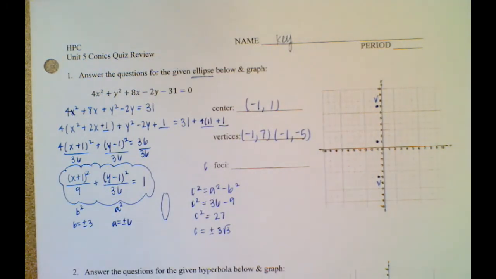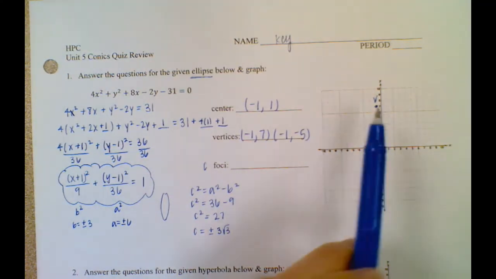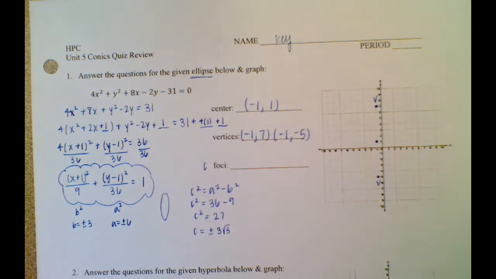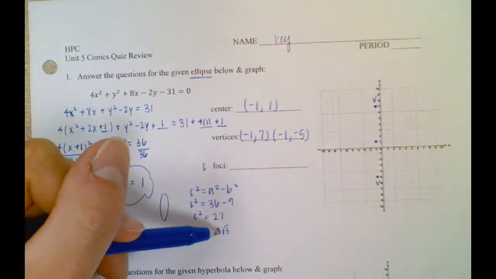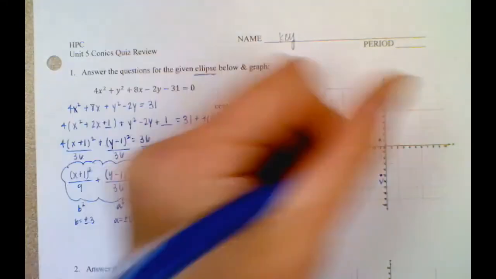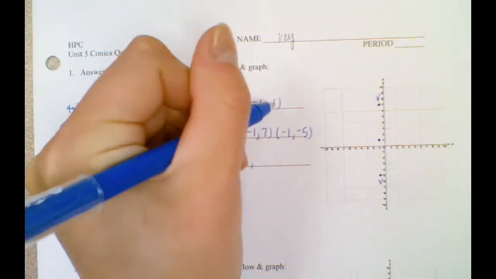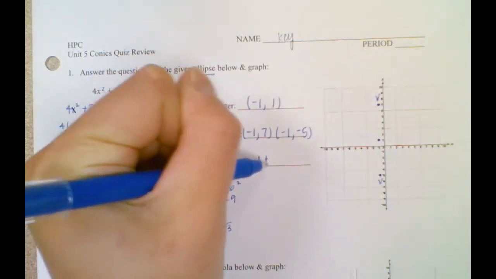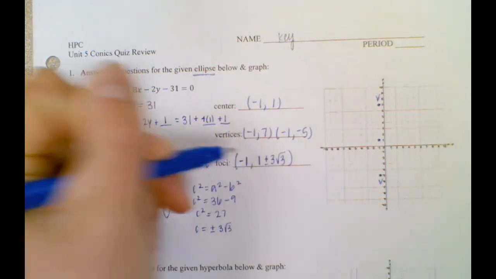Okay, and because my ellipse, the major axis, is vertical, remember that the foci are on that same axis. So from the center, I'm going to go up 3 square root of 3 and down 3 square root of 3. And that's on the y values, right? So my x value stays the same, and from the center, I can do 1 plus or minus 3 radical 3 to list the coordinate points.